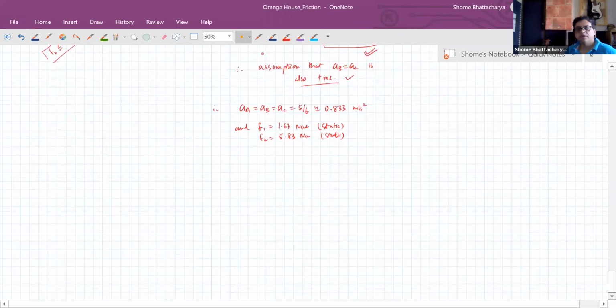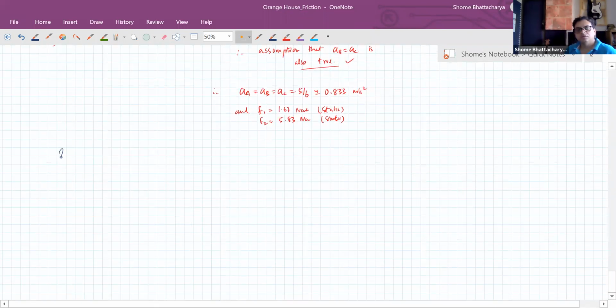Okay, next 27th question. This one is fairly easy, so I'll just give you the free body diagram. What is happening is that you have some kind of a table resting on a floor. Now on the table we have a block which is moving like this.